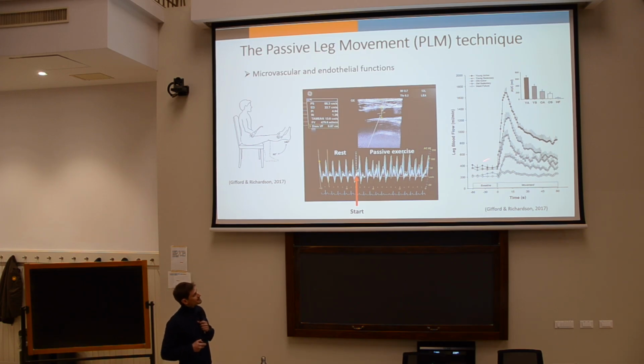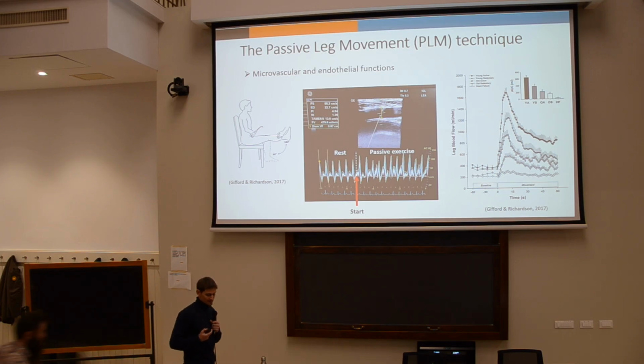As you can see in this graph, during this passive, not active, movement, the blood flow can increase by as much as 4 to 5 times compared to baseline in young active adults. But the hyperemic response during this passive movement is significantly blunted with aging and also with diseases.